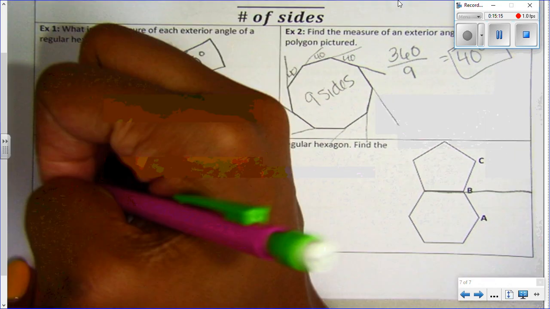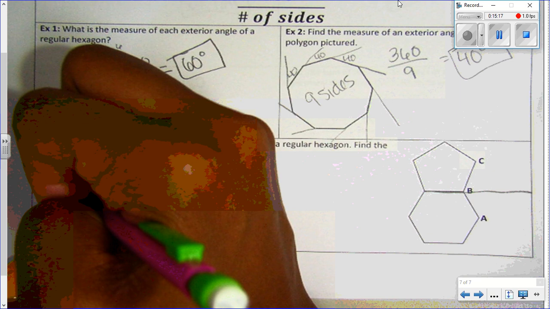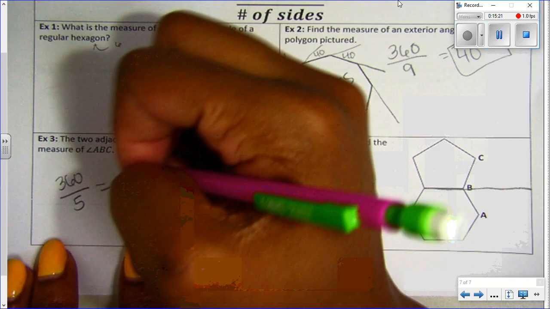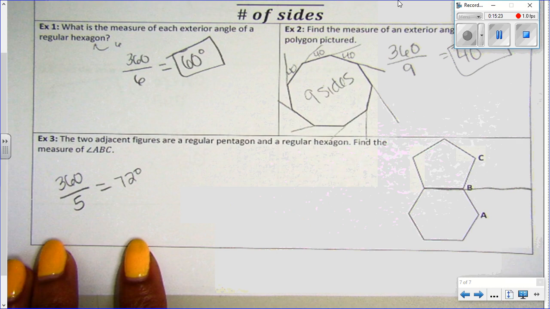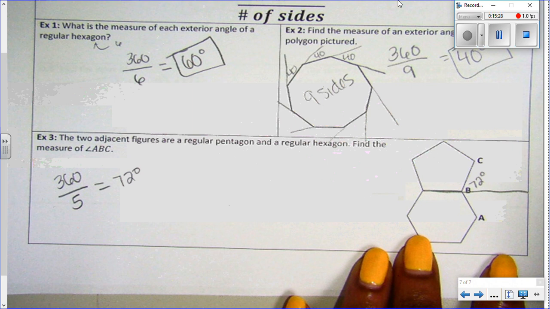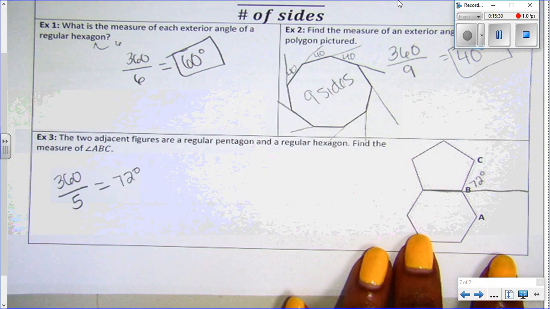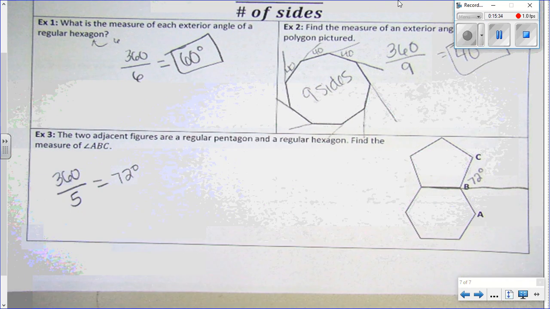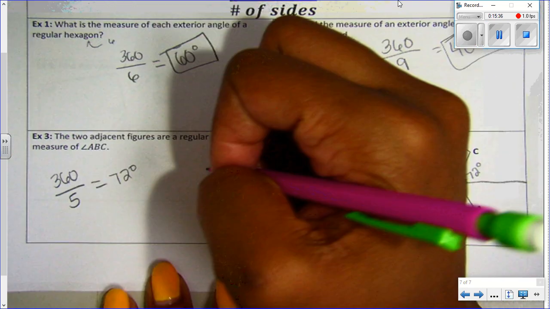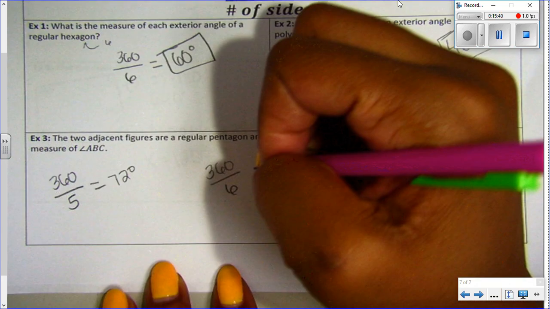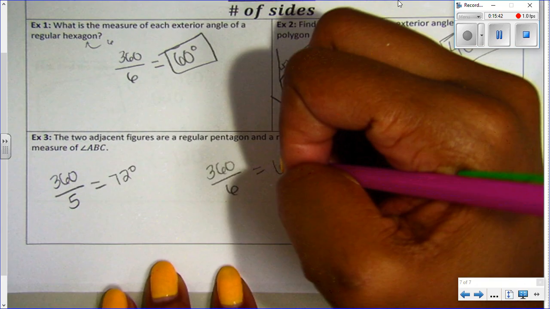So first, let's find the exterior angle of the pentagon. You're going to do 360 divided by 5. And you get 72 degrees. So that means this piece right here is 72 degrees. And then we're going to find the exterior angle of the hexagon, which is 6 sides. So we're going to do 360 divided by 6, which is 60 degrees.